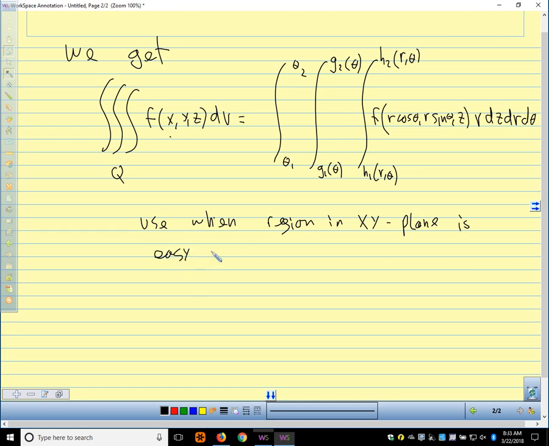It's nice. And we can also think of it when we have circular symmetry about the z-axis.